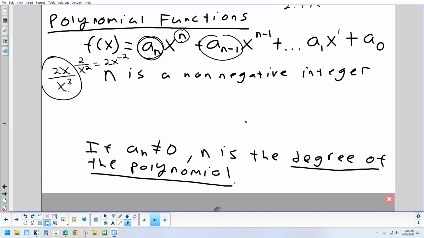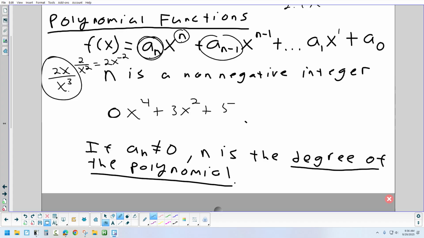So as long as the first term is not equal to a 0, like if you did something like this, well, that wouldn't count, right? But as long as you don't put a 0 for the first term like that, then usually the highest exponent is the degree.